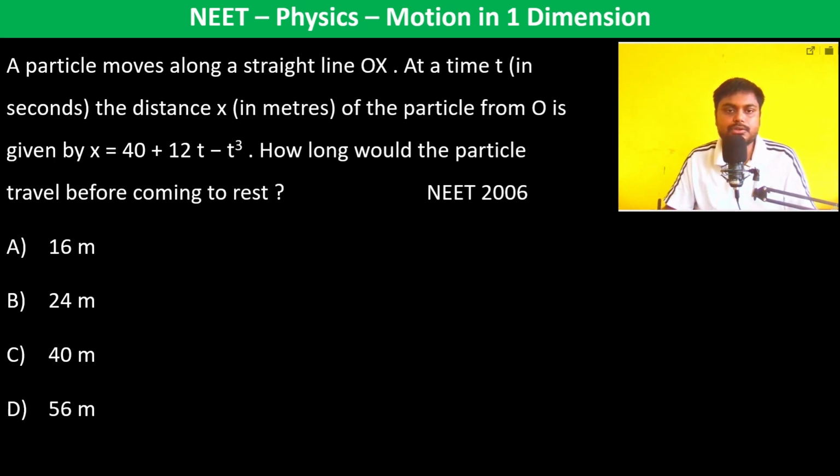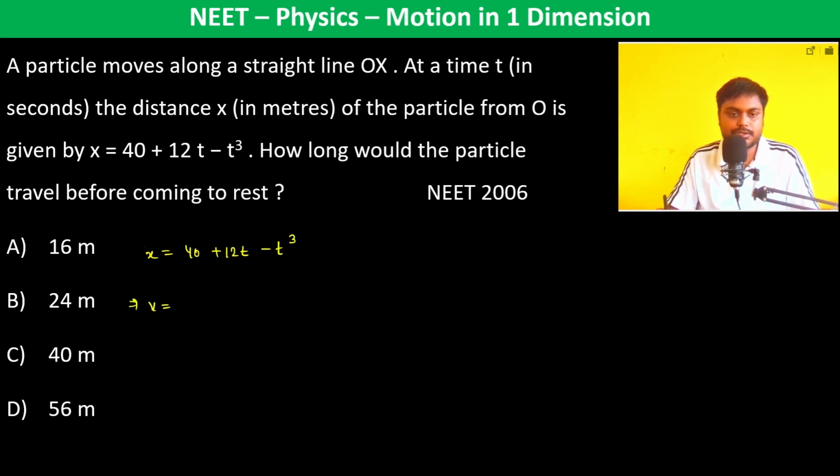A particle moves along a straight line OX. At time t seconds, the distance of the particle from O is given by x equal to 40 plus 12t minus t cubed. How long did the particle travel before coming to rest?